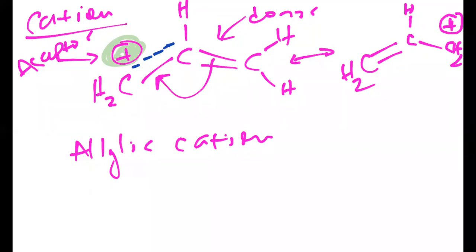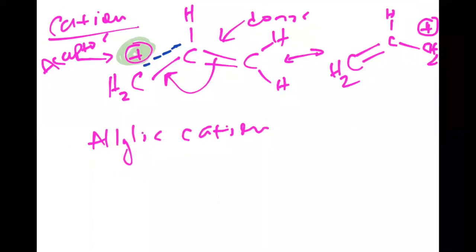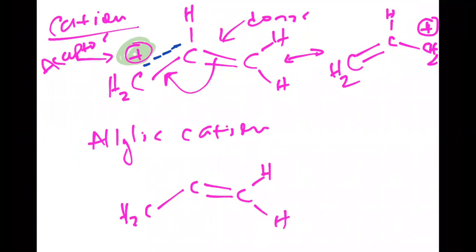If we did that for an allylic anion, let me show you the difference. The difference is that if I have the same generic structure, but instead I've got a lone pair here. Now which one is the donor?